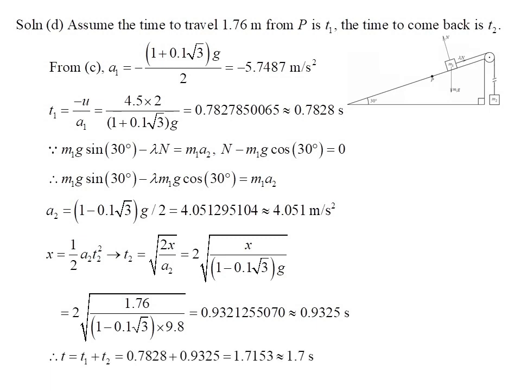Hence, the time taken from when the string becomes slack for the mass m1 to return to point P equals 0.7828 plus 0.9325, which approximately equals 1.7 seconds.